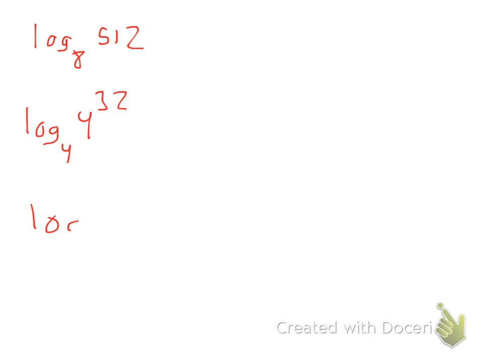So the first one is log base 8 of 512. Next one, log base 4 of 4 to the 32. Next one, log base 2 of 1 over 32. And the one after that, log base 16 of the square root of 2.